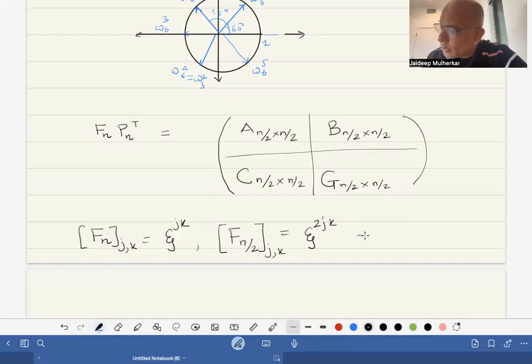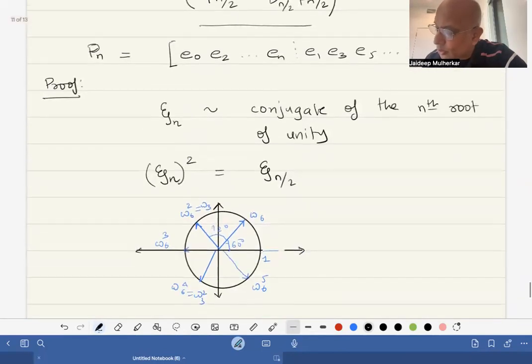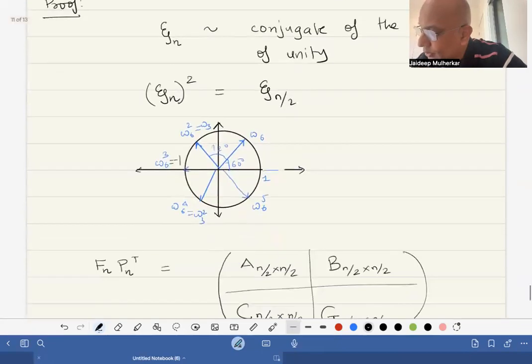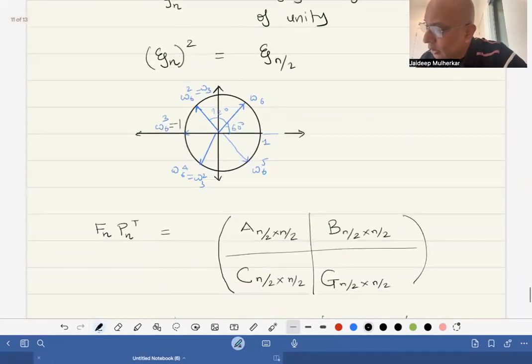Another thing we'll need is that if I take eta, the nth root of unity, and raise it to the n over second power, then this is minus 1. As you can see in this picture, if I take omega 6 to the power 3, this is actually minus 1, right? So those are the 3 things we'll need.